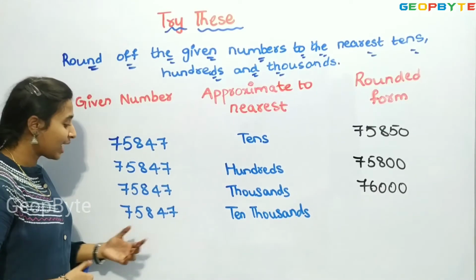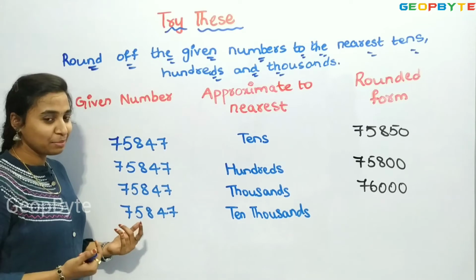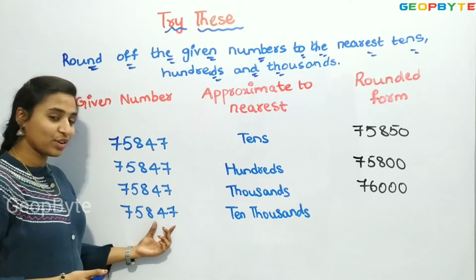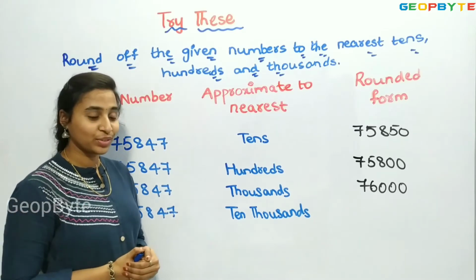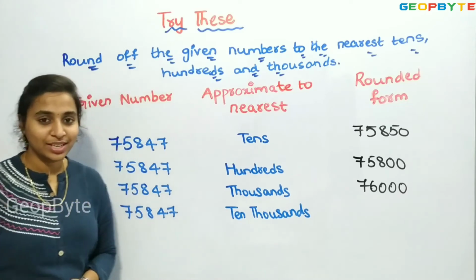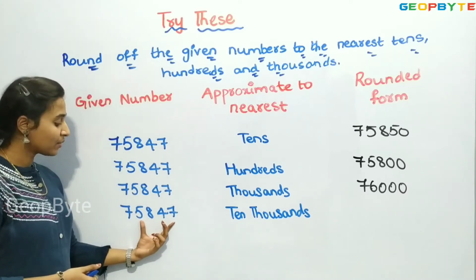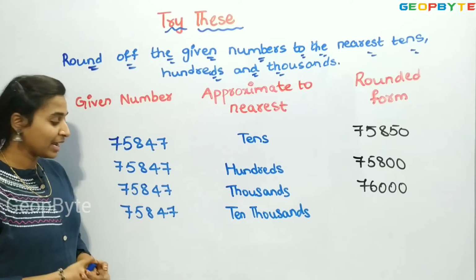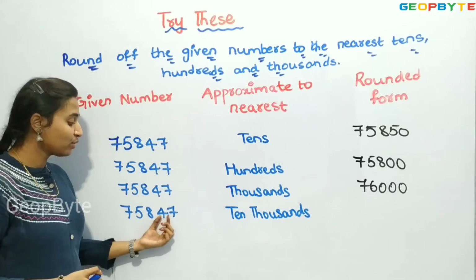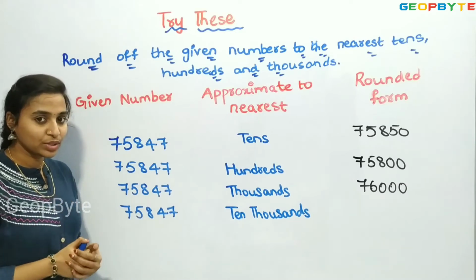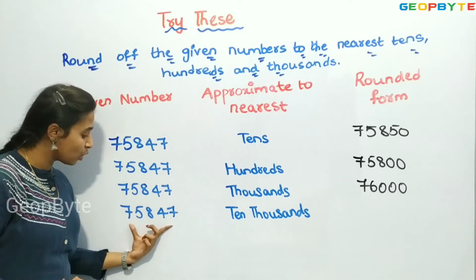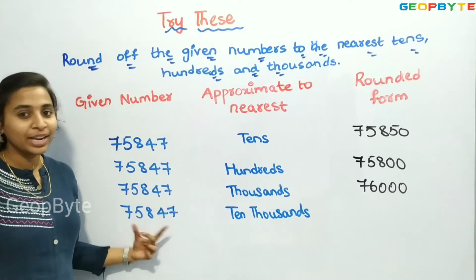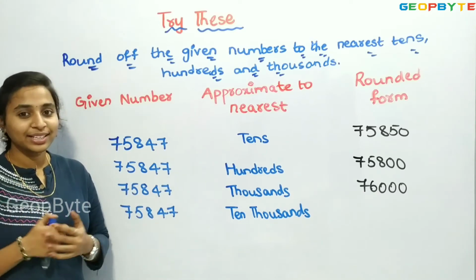Now let us see the last one. As we have the same number 75,847, we need to round off to the nearest 10,000s. If we consider these 4 digits, 5,847, it is above 5,000. This whole number lies in between 70,000 and 80,000.